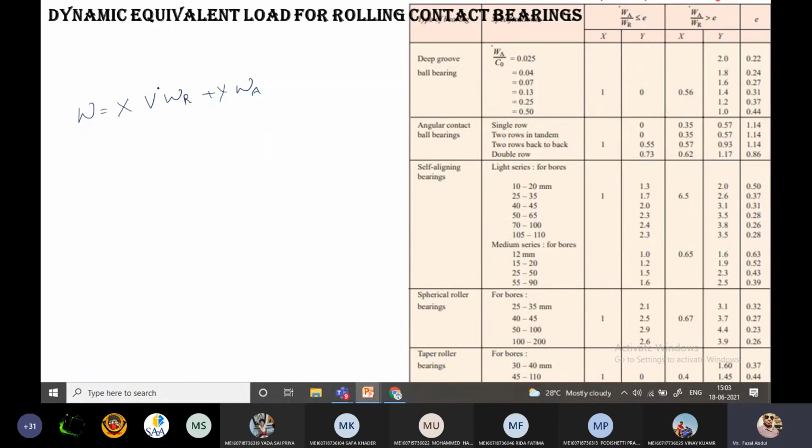Where V is called the velocity factor, and R is also called the rotation factor.